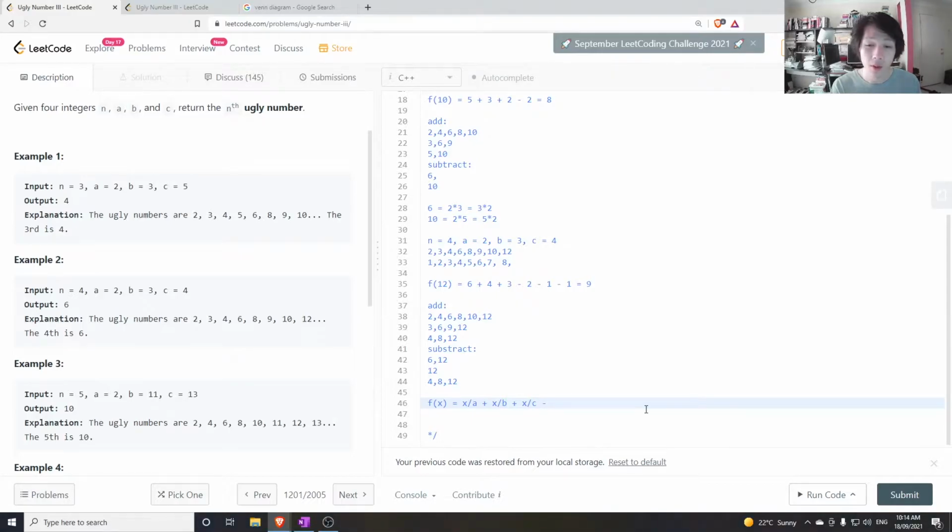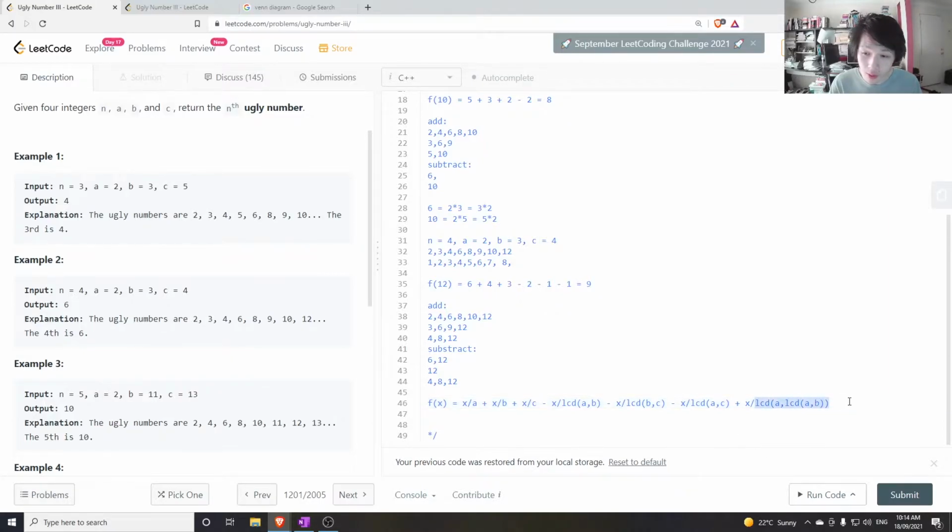Then we subtract the overlaps by doing x divided by LCD of A and B minus x divided by LCD of B and C minus x divided by LCD of A and C, and then we add back on the middle part, which is x divided by the LCD of A, B and C. So it's the LCD of all of them.